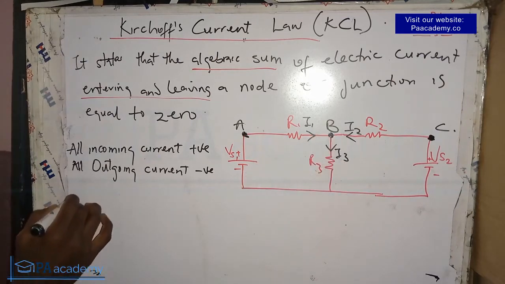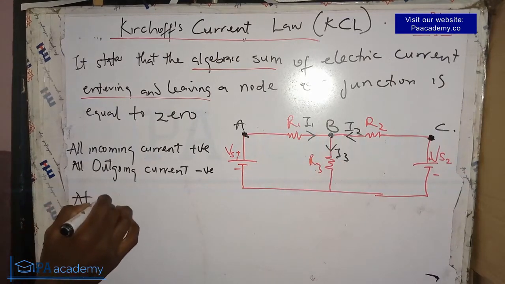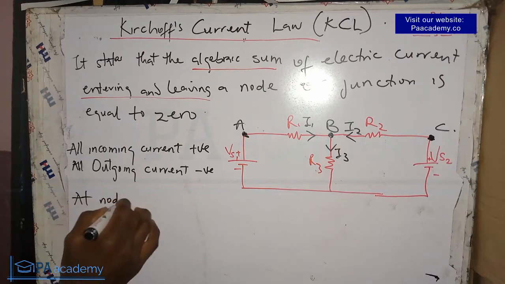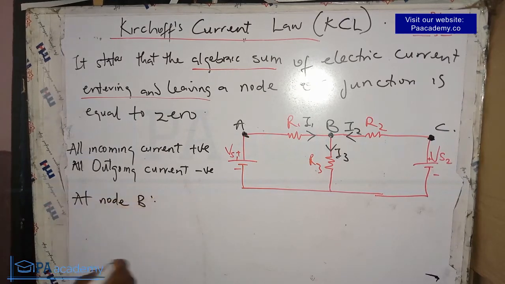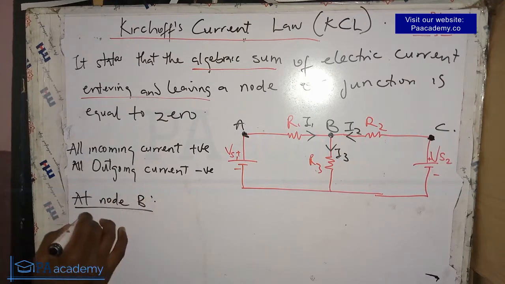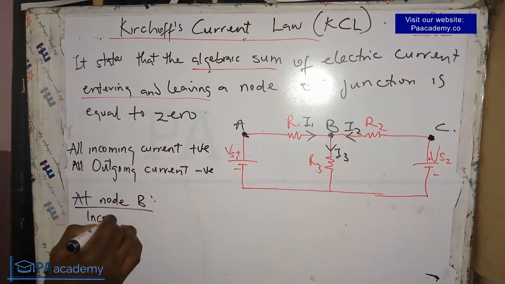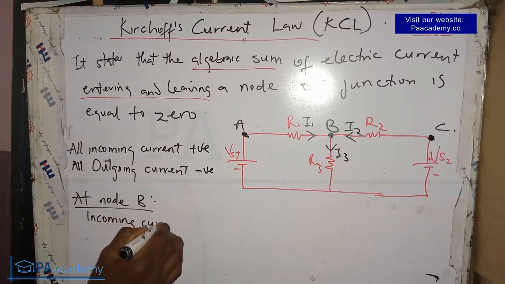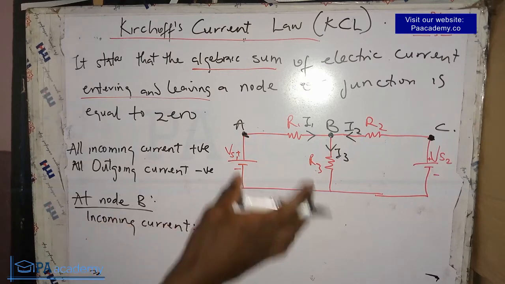Now we'll write that at node B, let's identify the incoming currents. Looking at it, what are the incoming currents?